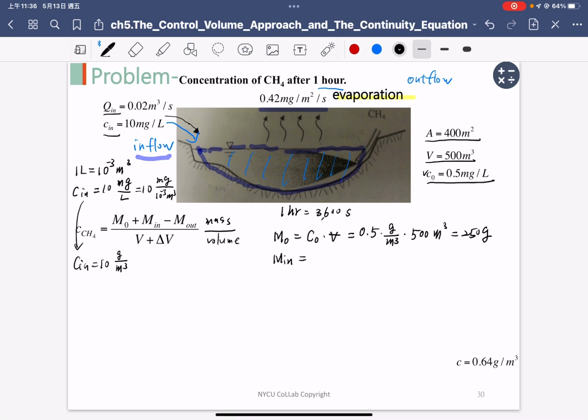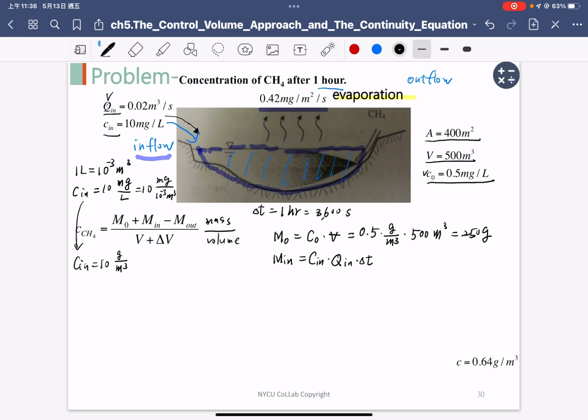And what's the input mass? We have the inflow concentration, CIN, and we know that we have the Q in here. So the CIN multiplied by the QIN and multiplied by the delta T. We know that the delta T is 1 hour later.